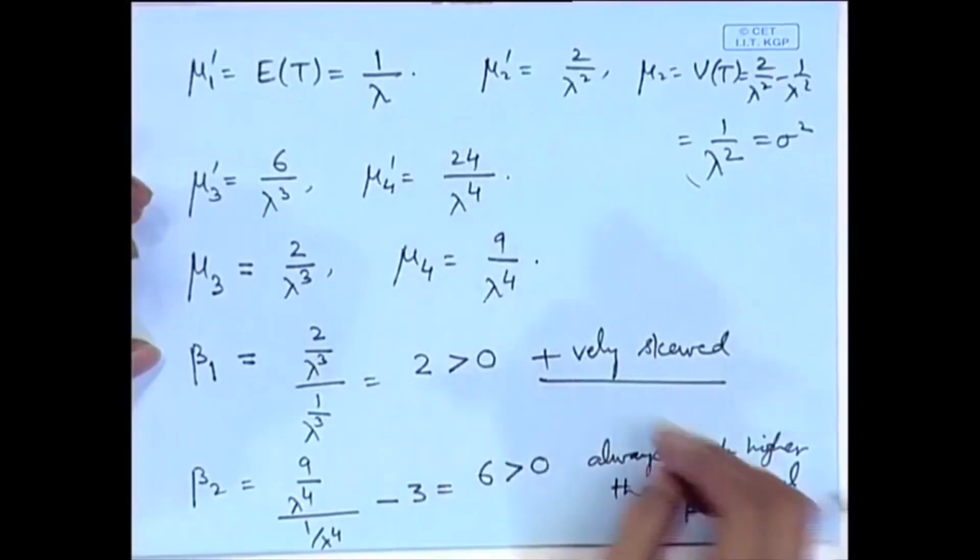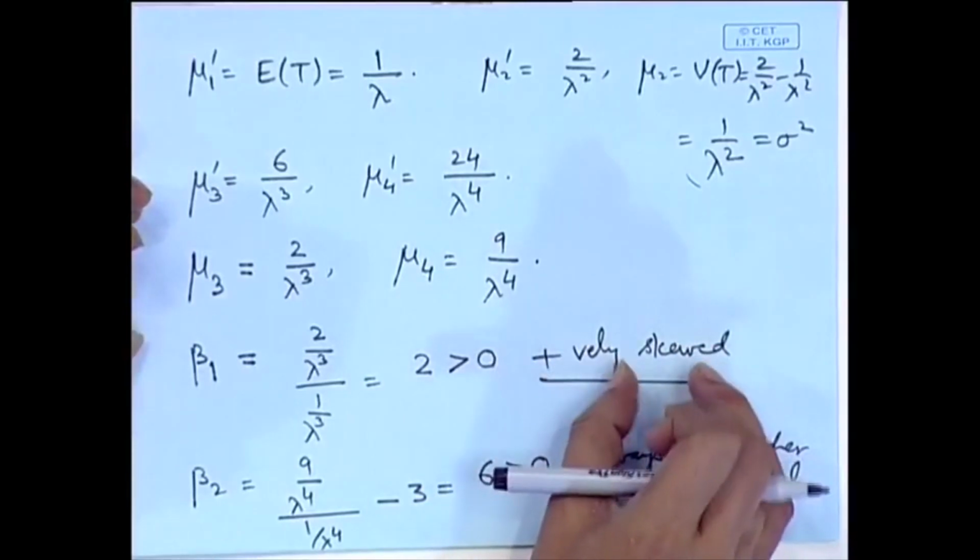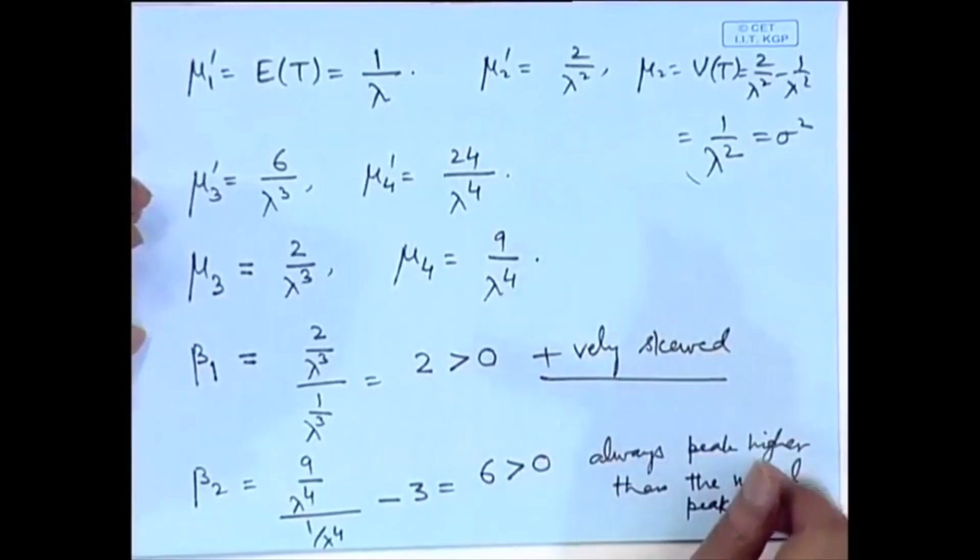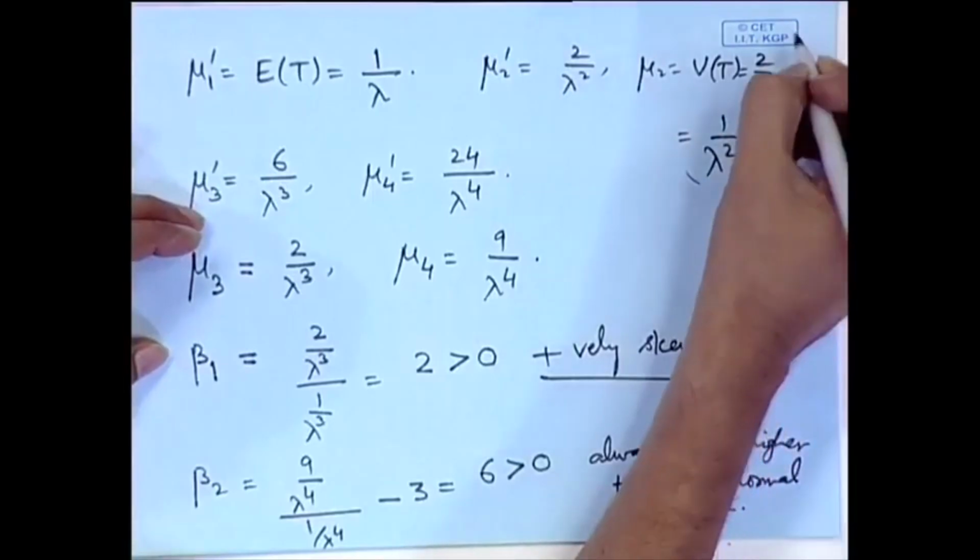Same thing we observed in the Poisson also. In the Poisson distribution, the measure of skewness was 1 by lambda, so it was positively skewed, but as lambda becomes large, it approaches symmetry. Similarly, the measure of kurtosis also had lambda in the denominator, but here these measures beta 1 and beta 2 are constant and they will always have the same behavior, that is positively skewed and a peak higher than the normal peak.